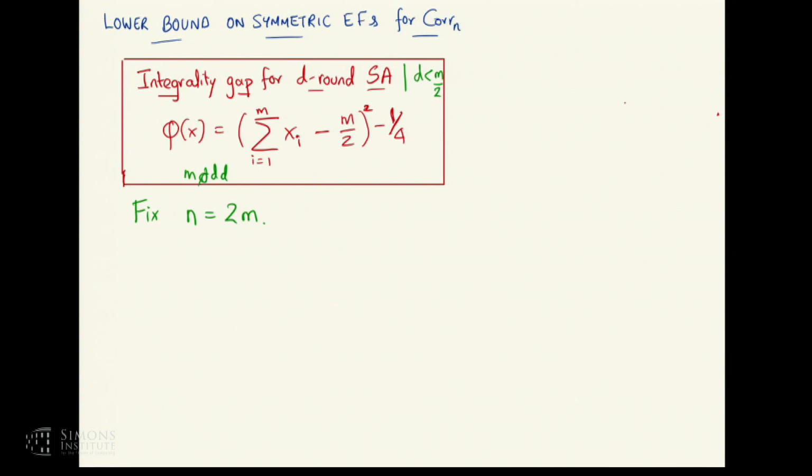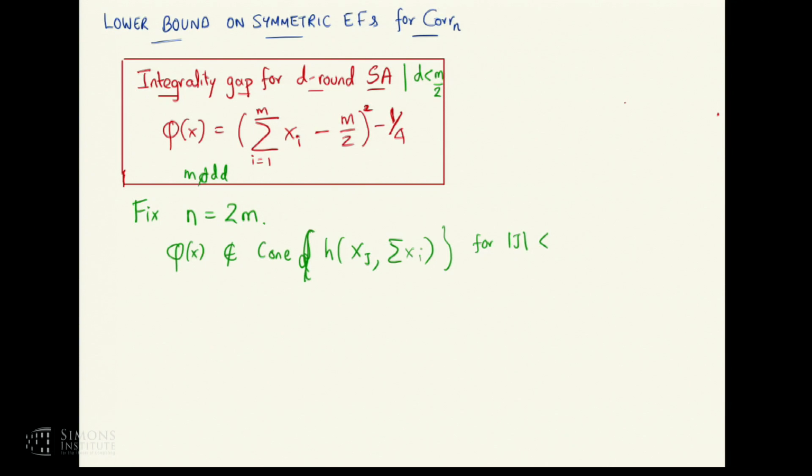So what do we want to prove? We want to prove that phi of x is not in the cone of functions of the form h of x sub J comma summation x_i, things that are juntas and summation x_i, for J smaller than d or something, right?